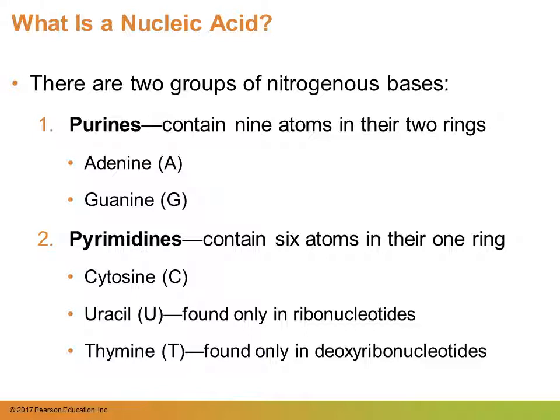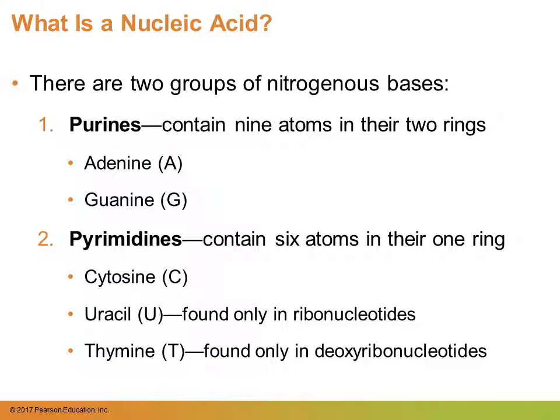Besides that, you're going to have to know the difference between purines and pyrimidines. Purines are 2 ring structures, and they are composed of adenine and guanine, and pyrimidines are 1 ring structures, and it's cytosine and thymine. There are some mnemonic devices that you can use to remember that.